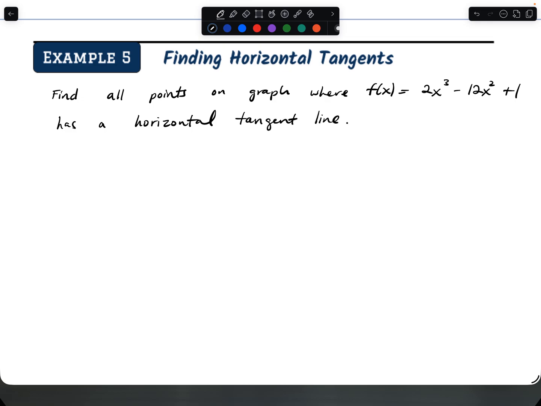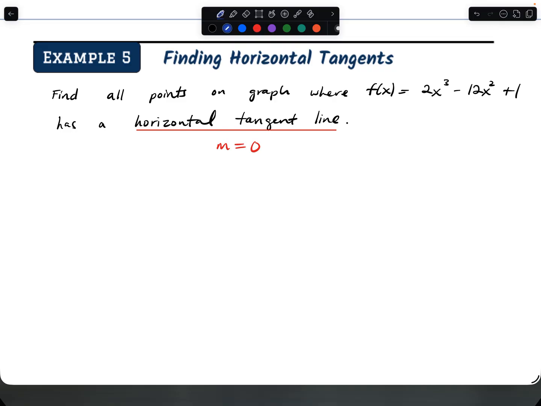So remember, this just means the slope is 0. What does slope mean in our class? Slope means derivative. So I need to take this function, take the derivative first, and then figure it out from there.